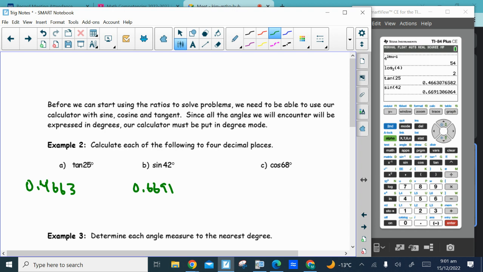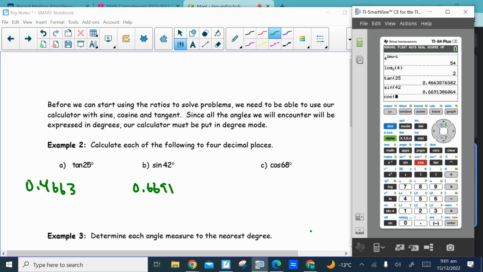Setup. 0. Okay, now it's fixed. Thank you. All right, and then the cosine of 68 degrees is 0.3746.